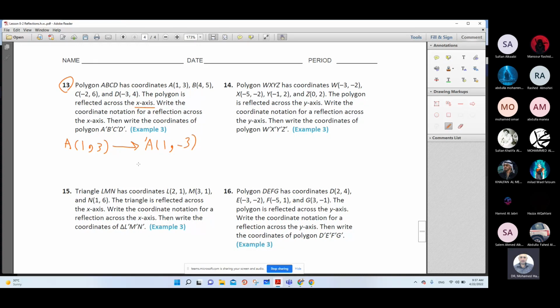And here we have B(4, 5). So here we have B prime: keep the same x, 4, and take the opposite of y, minus 5.